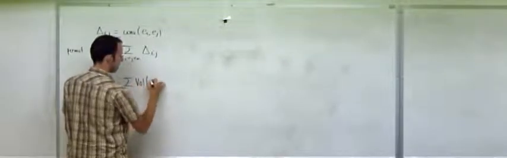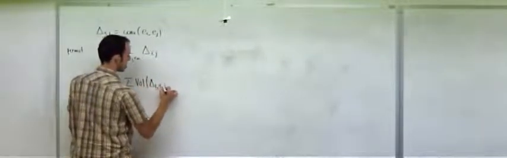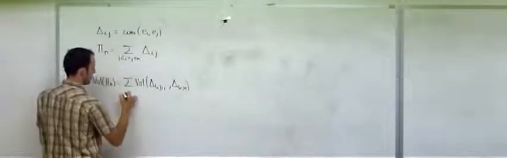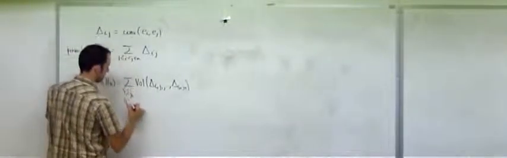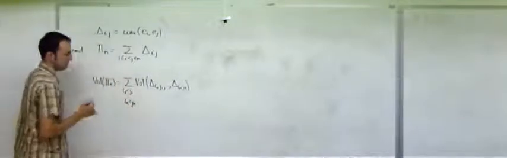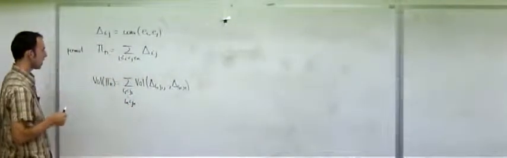So we take an n tuple delta I1 J1 up to delta IN Jn, where I1 is less than J1 up to IN less than Jn. Okay?